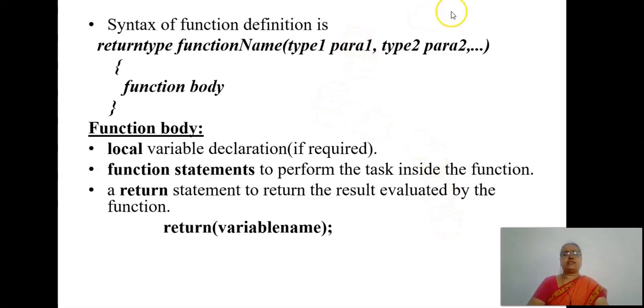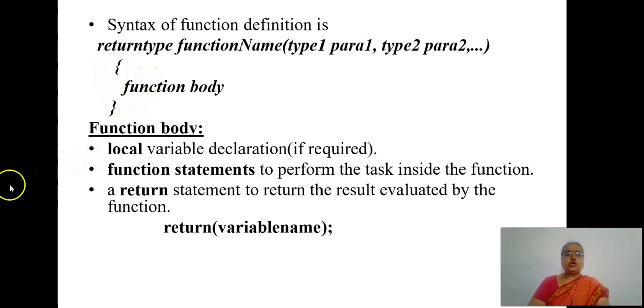Next, function definition. So this is the syntax of function definition. You have the function header, or the first line, which is similar to the declaration except the semicolon. It indicates the return data type, name of the function, and the arguments. Then you have the function body. This function body is similar to a simple program.